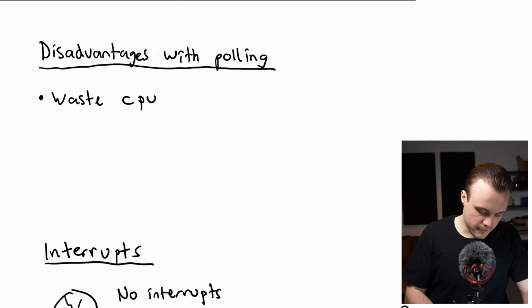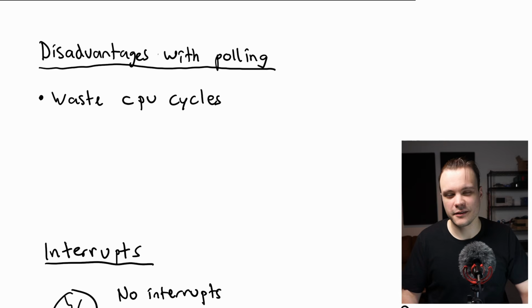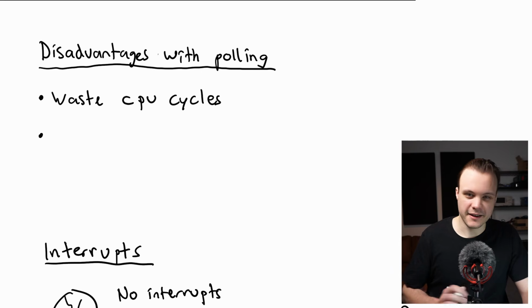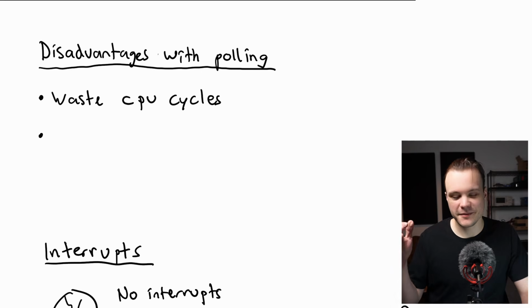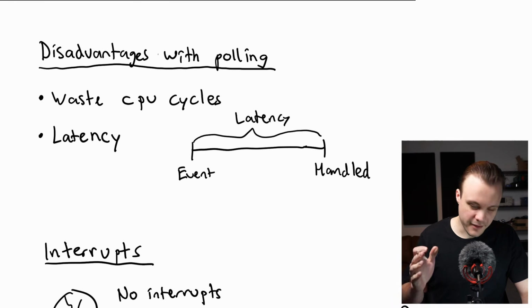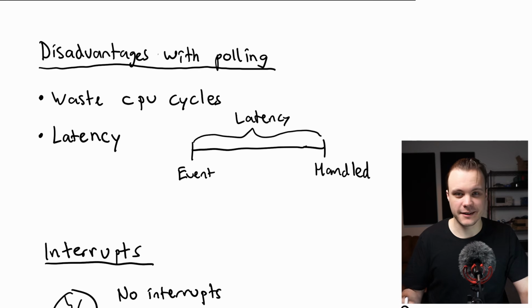And ideally, we want our microcontroller to always be spending its CPU cycles on doing useful work. And secondly, the time it takes for the microcontroller to react to the external event is entirely going to depend on how often we check the register. That is, the latency is going to vary depending on how often we check the register. And where we want a very low latency, we will have to check the register more often, but that also means that we're going to be wasting more CPU cycles.